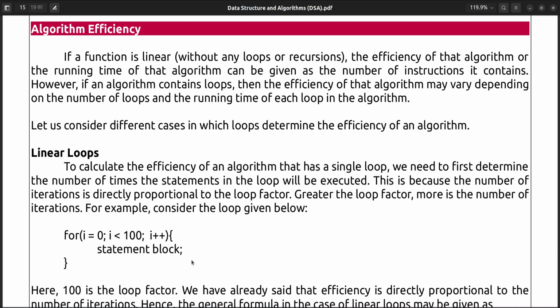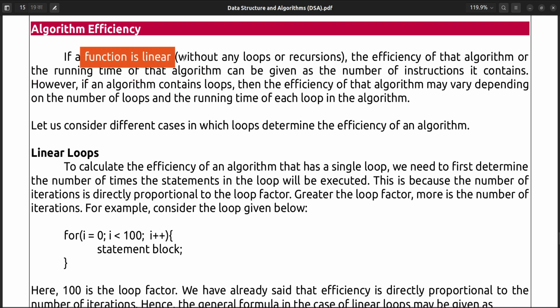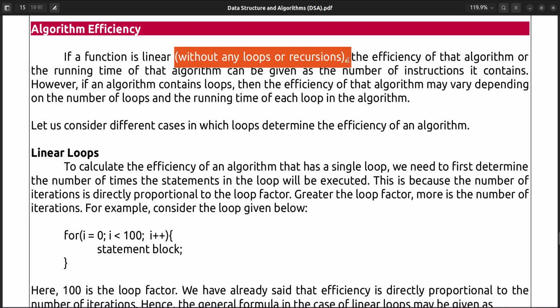If a function is linear, linear means without any loop or recursion. So in this case the efficiency of the algorithm, or running time of the algorithm, you can say efficiency or complexity, whatever you want to call it.